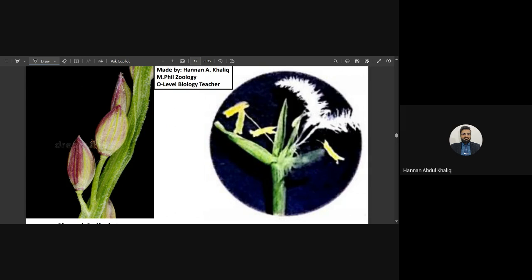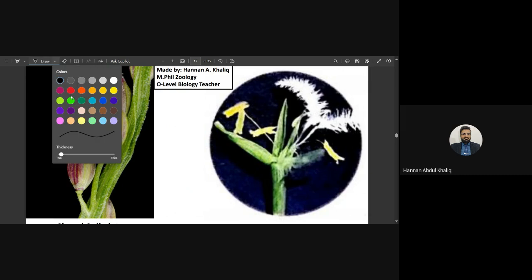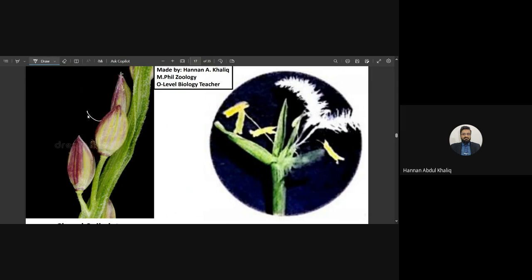These spike-like things represent the non-flowering bracts. They are covering the flower, or you can also say they are covering the flower bud.